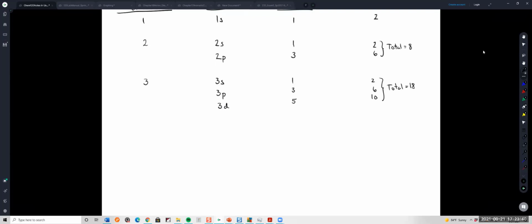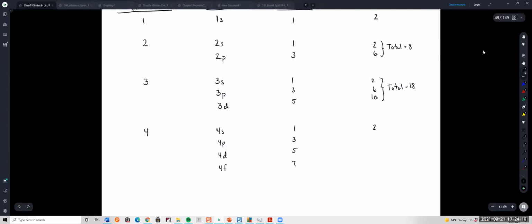And then we get to the 4th shell. We have 4s, 4p, 4d, and now we add the 4f. So we can have 1 orbital in the s. P's always come in sets of 3, D's always come in sets of 5, F's always come in sets of 7. And we get double those.